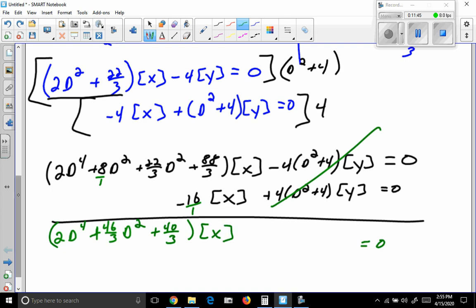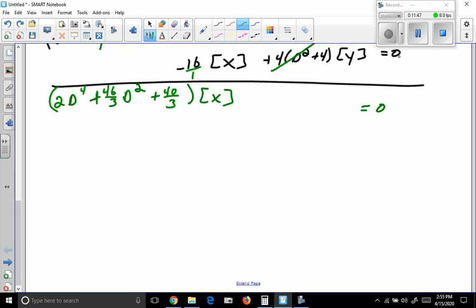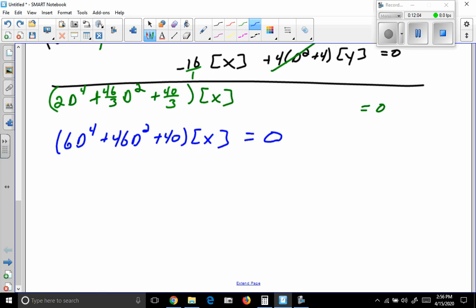And to make the fractions go away, let's multiply both sides by 3. So we'd have 6d to the fourth plus 46d squared plus 40 as our operation on x, and that equals 0.